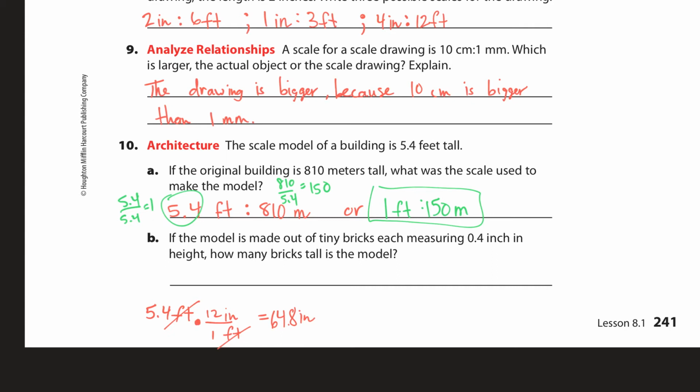Now I need to know how many of these little baby bricks will fit into here now that it's in inches. And the way I figured that out is division. 64.8 divided by 0.4 is, I believe, 132. So 132 bricks.